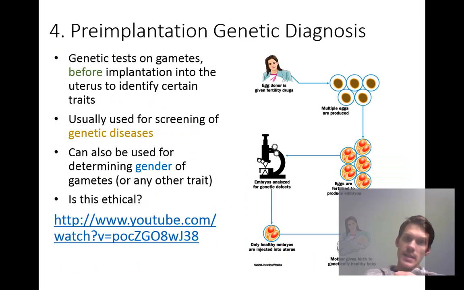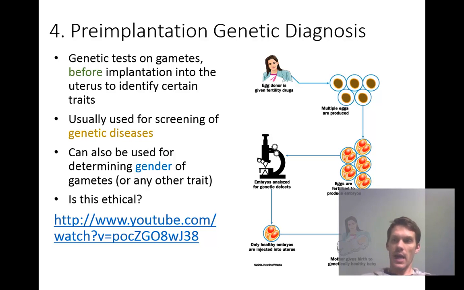This has led to another thing called pre-implantation genetic diagnosis, which is connected to in vitro fertilization. In in vitro fertilization, a woman is given hormones to superovulate, where she ovulates more than one egg at a time.